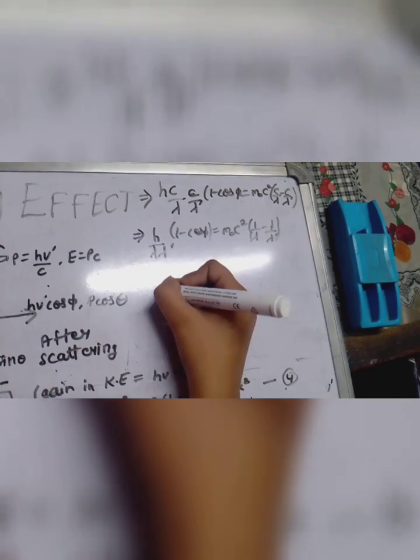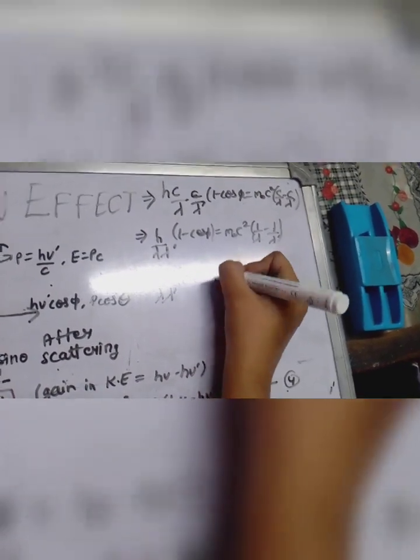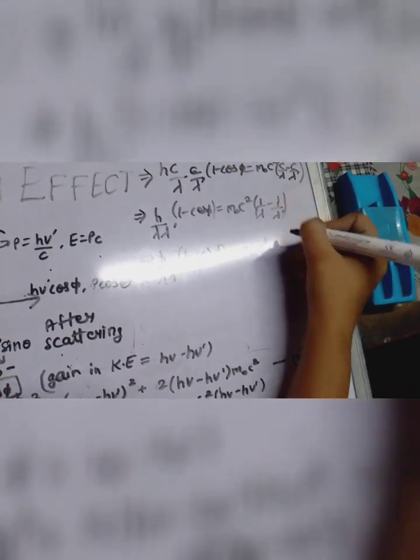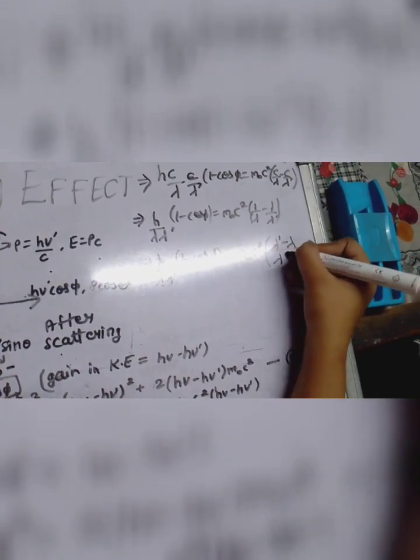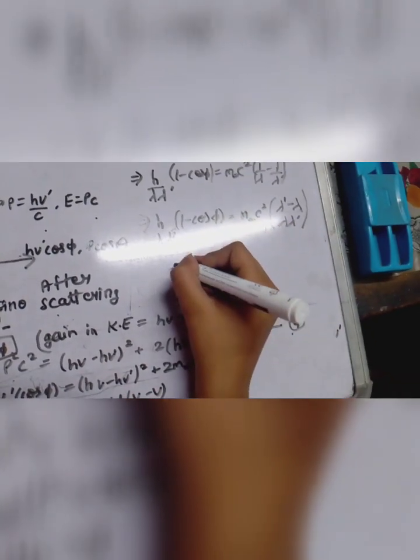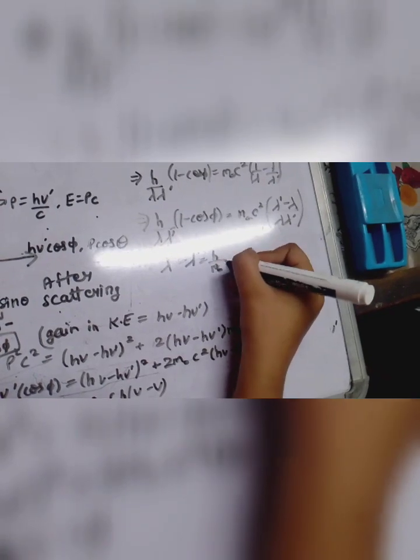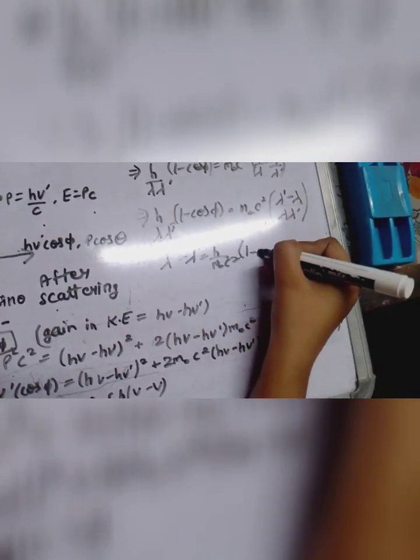This h upon lambda dash (1 minus cos phi) is equal to m naught c square, and solving this equation I get (lambda dash minus lambda) upon lambda dash. After solving, I get lambda dash minus lambda is equal to h upon m naught c (1 minus cos phi).